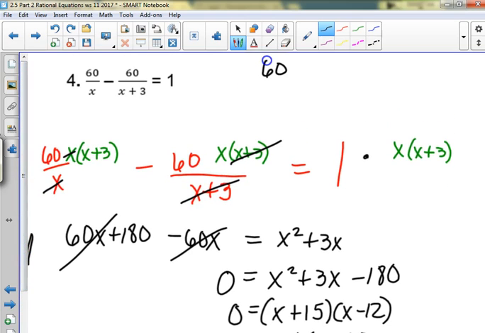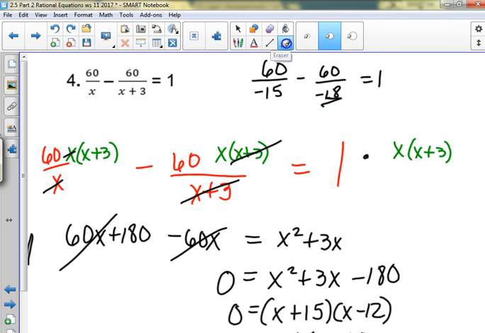Okay. Just because they seem kind of big, I'm going to check them. I'm putting in negative 15. It was negative 15 plus 3, right?